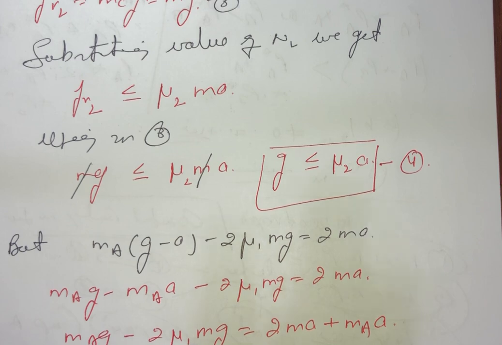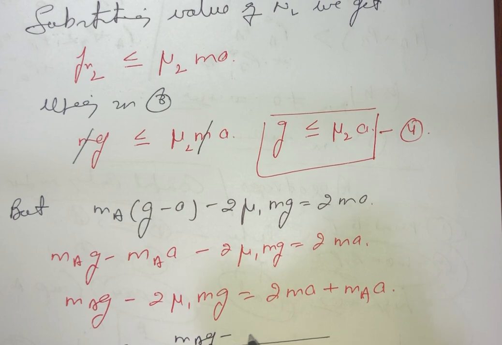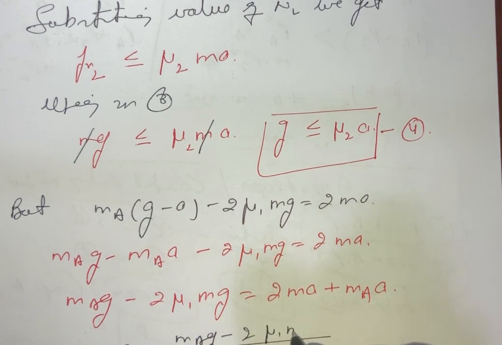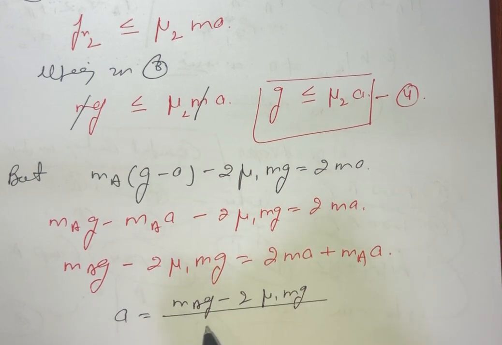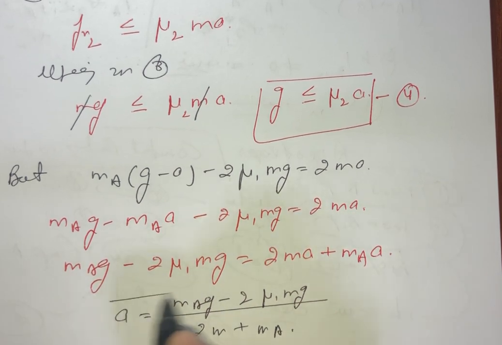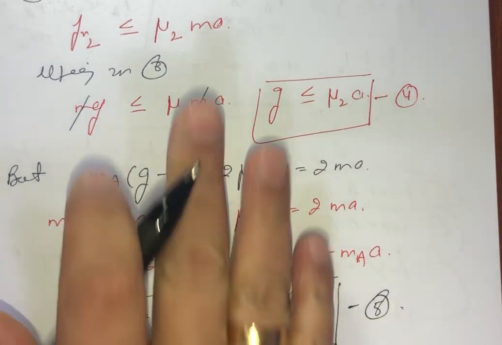Taking a as common, we get the acceleration a will be equal to MAg minus 2 mu1 mg, and divided by 2m plus MA. Let this be equation number 5.